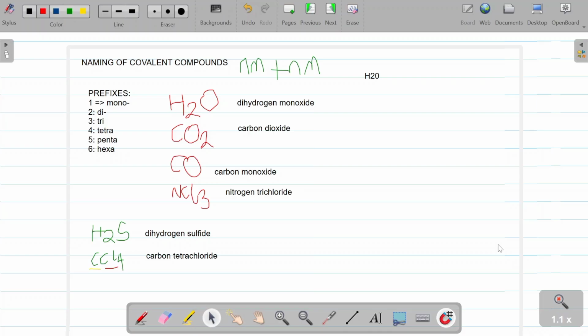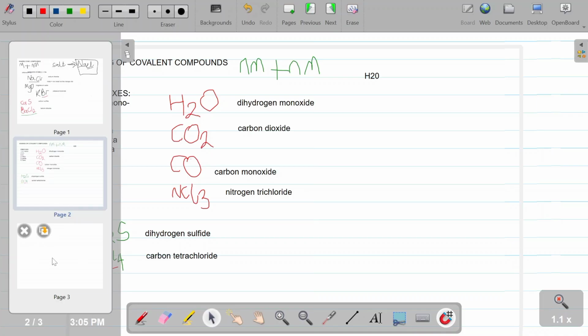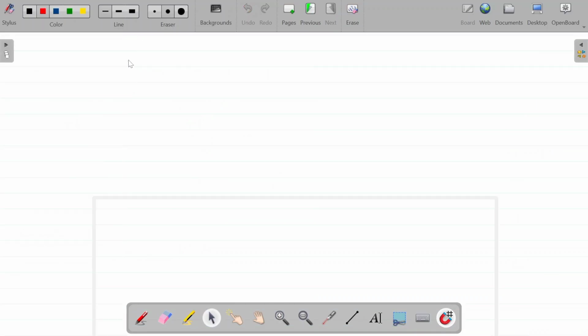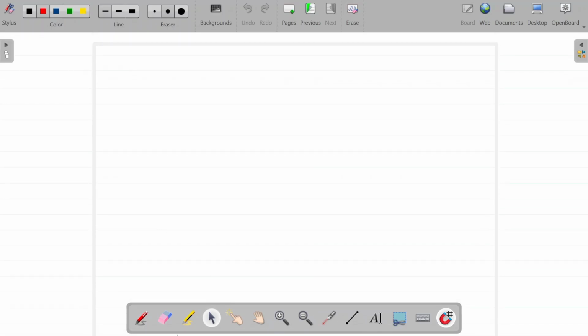Okay. So now let's learn the naming of another special kind of compound. Let's learn the naming of ionic compounds with actual ions this time around.